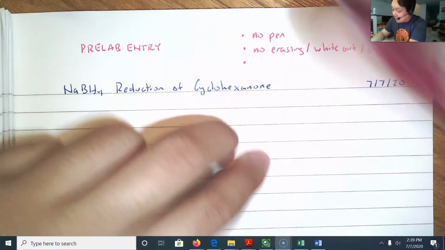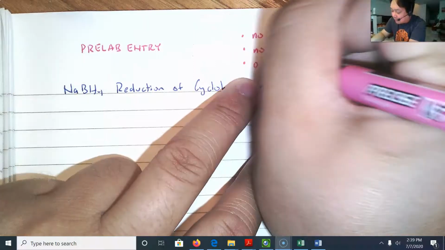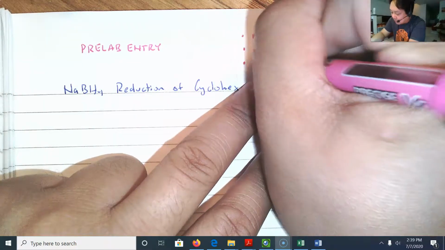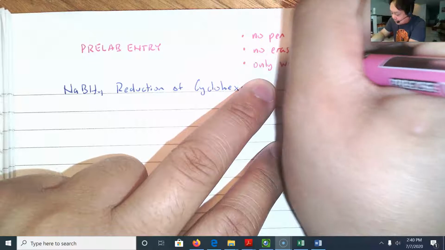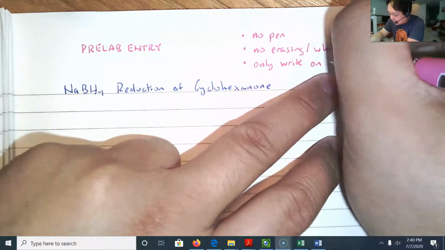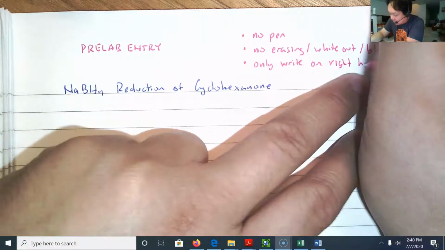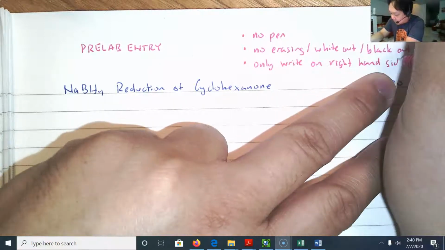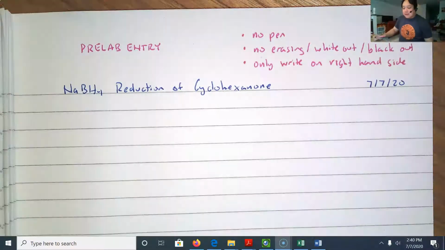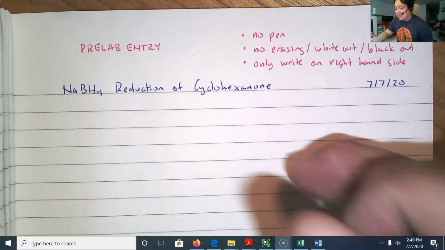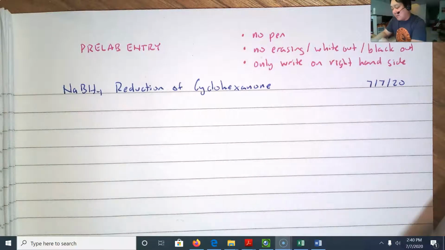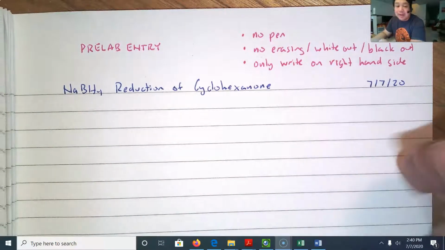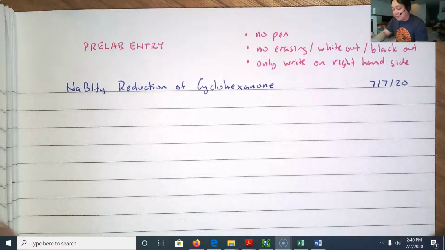Oh, yeah, only write on the right-hand side of your notebook. My notebook, the ink bleeds through, so when I take pictures of my pages, if there's any writing on the back, it tends to be a little bit hard to read.